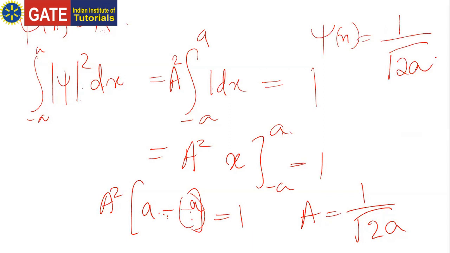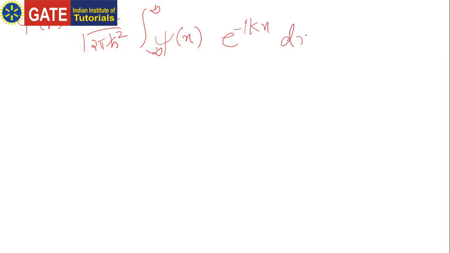Now we have the psi of x value. Substitute in psi of p. Psi of p is equal to 1 by under root 2 pi h cross, integral from minus infinity to plus infinity of psi of x e power minus ikx dx.